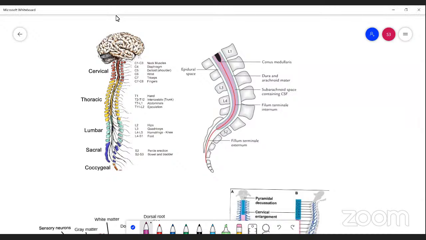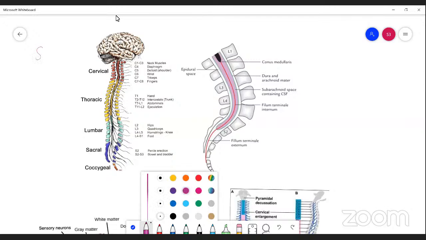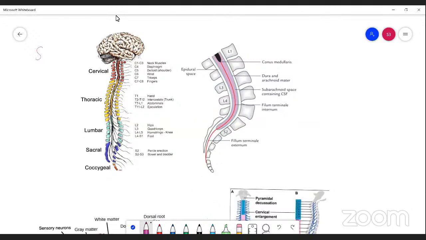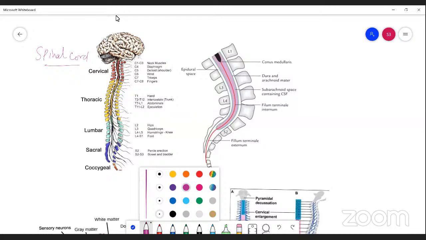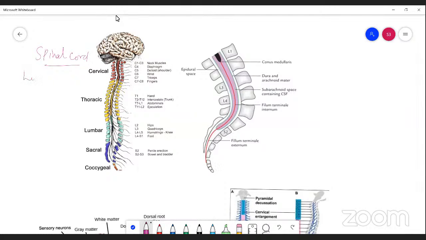First, we want to know about the spinal cord. The spinal cord is a long, slender, cylindrical nervous tissue.